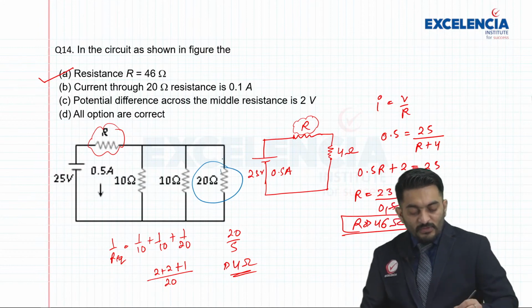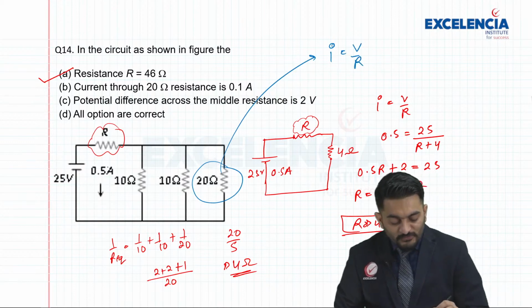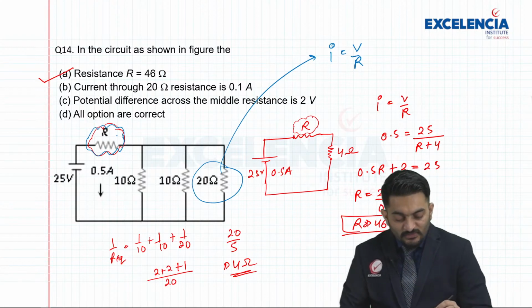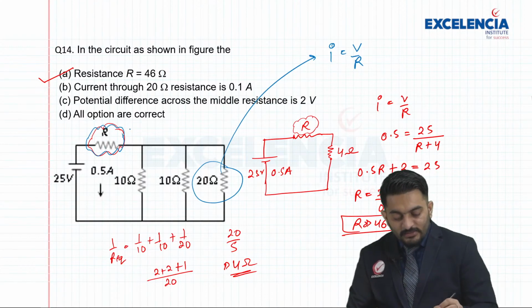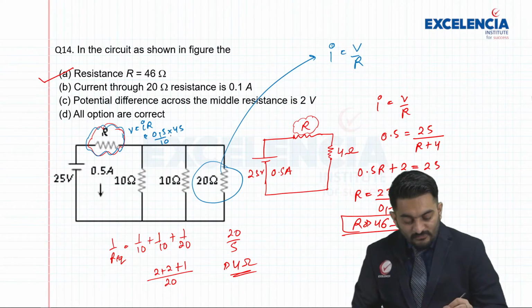One thing which you need to do when you use the formula I is equal to V by R, you have to be very careful that there is some voltage drop happening over here. This voltage drop can be calculated by V equals IR, and I hope you know the current coming from the battery is 0.5, and the R value we just concluded is 46.